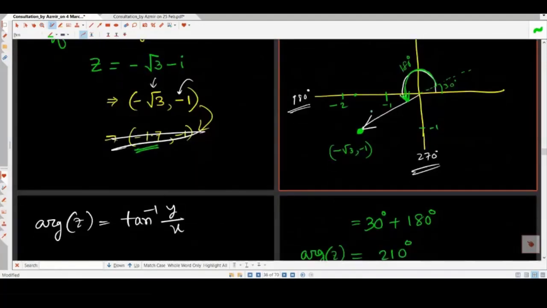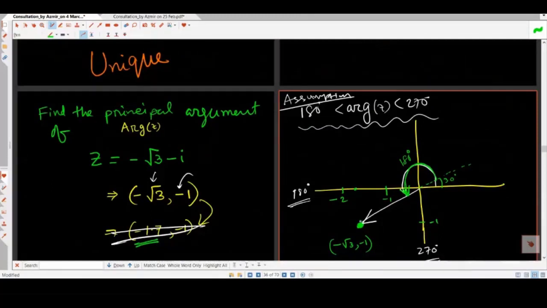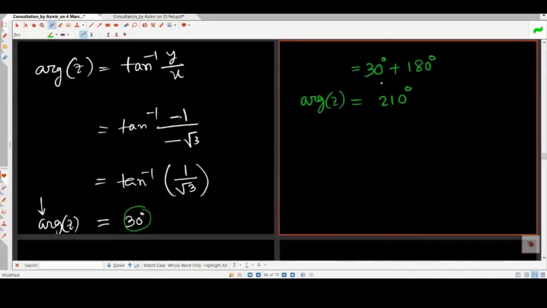That means 210 degree. This is our argument of z. Now it is going with our assumption, that is, depending on the location, our argument lies in between 180 degree to 270 degree. So we know that this argument can be a set of values.